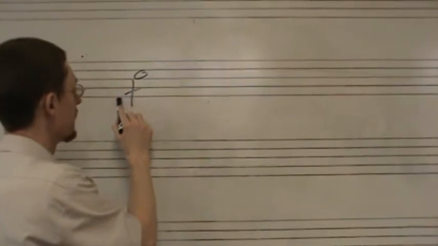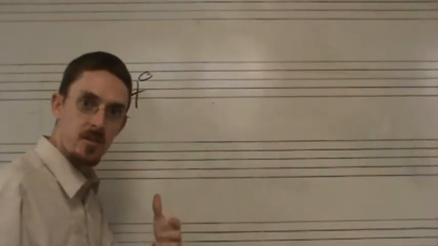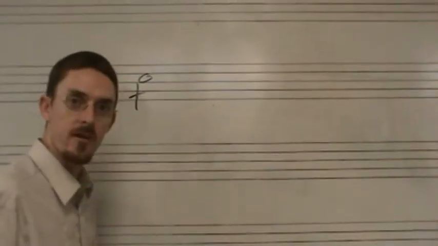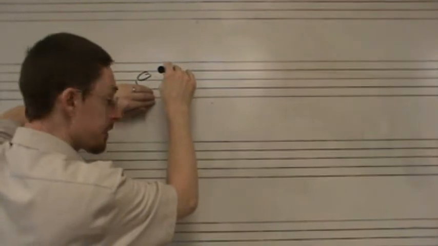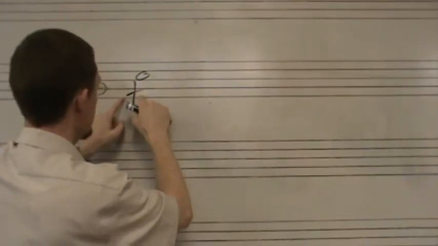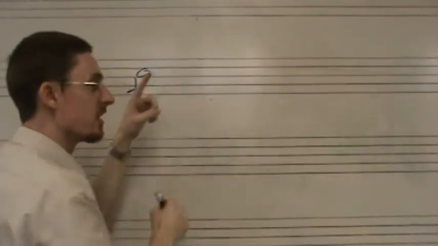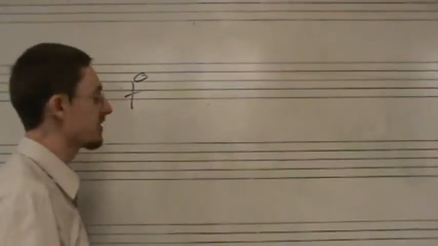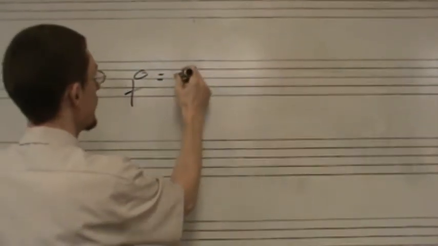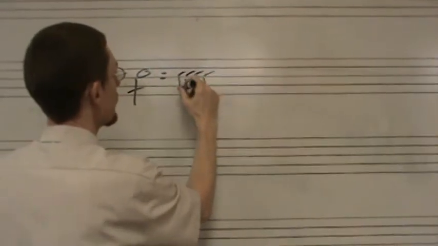Remember that the number of slashes refers to the number of flags, the notes that you're filling this larger note value with. Okay, so we start off with a half note, and it's telling you fill it with as many 1-flag notes, which are 8th notes, as fit in this half note. As we know, 4 of those fit in there.